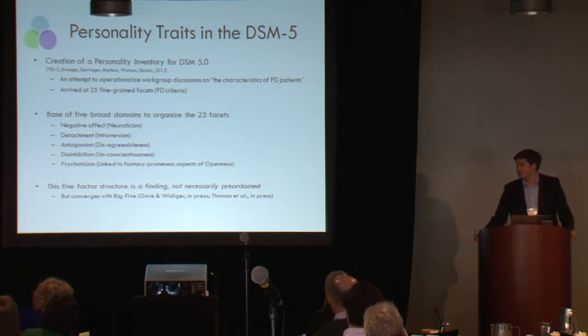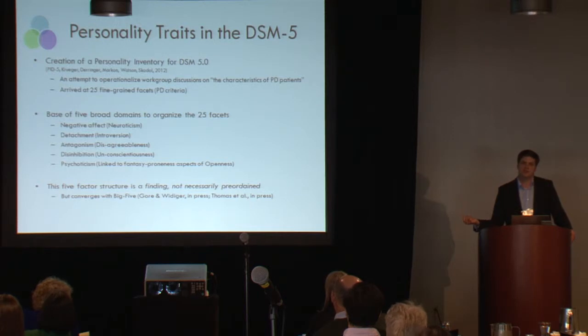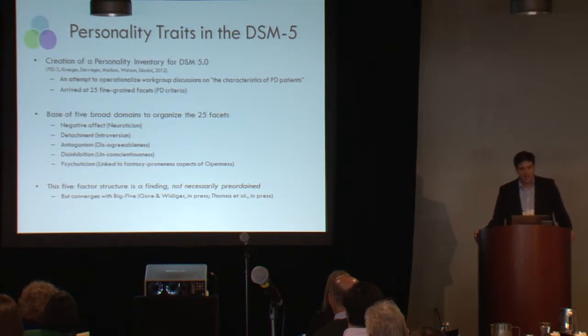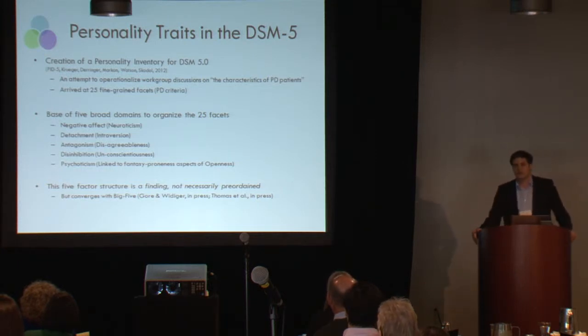One way to think about those is that they're broader than the individual symptoms that you would think of in terms of the DSM-4 79 criteria for PDs. And I'll show you what they are later. When you look at this in terms of factor analytic studies, what has emerged was 5 domains that look very similar to the domains that you find in the basic science model of personality, the 5-factor model, or Big 5.